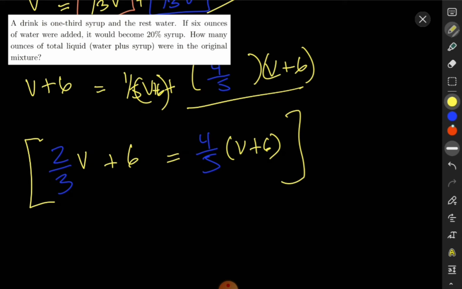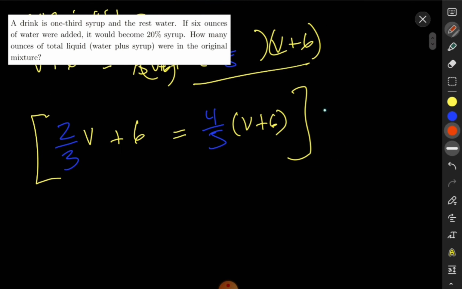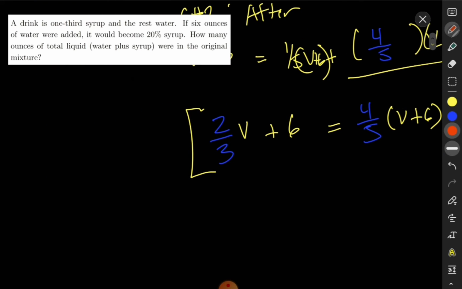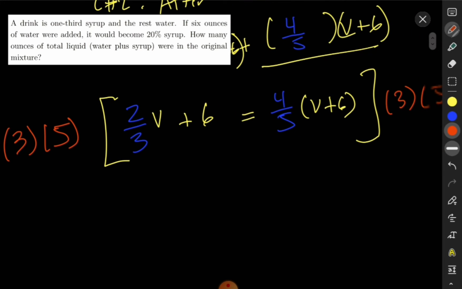Now, in order to eliminate these denominators, we're going to multiply both sides by 3 and 5. I repeat, if you want to get rid of the denominators, you will multiply both sides by 3 and 5.